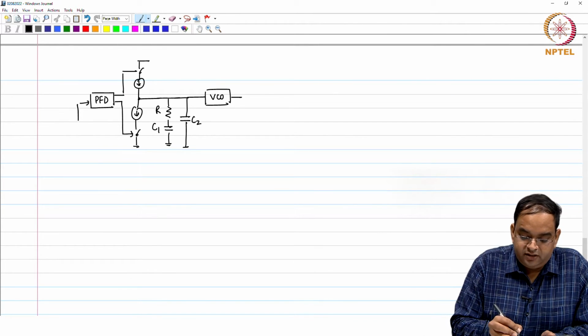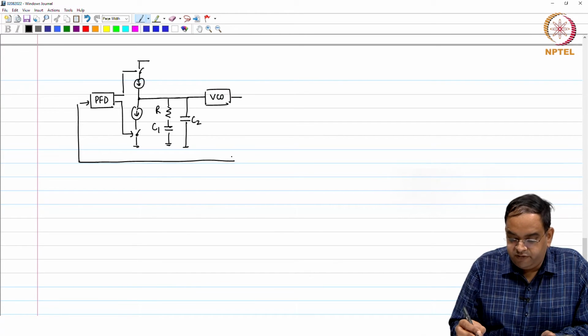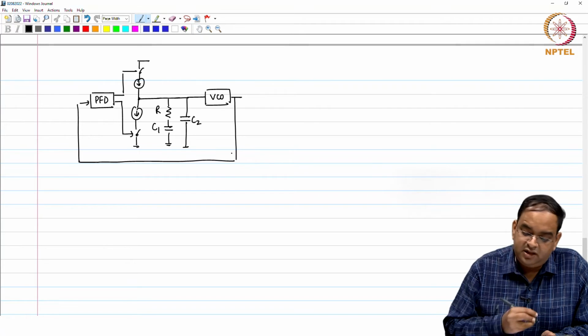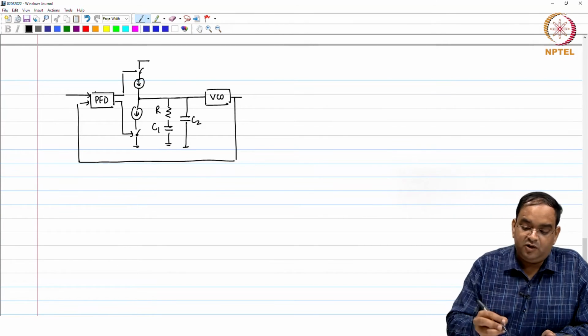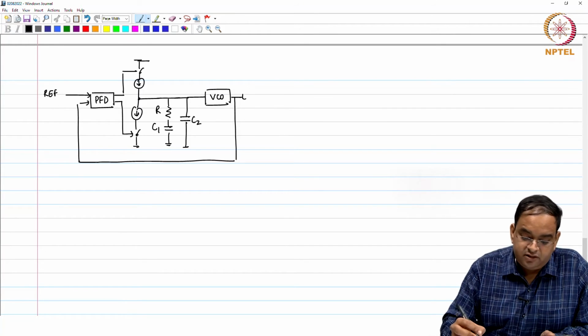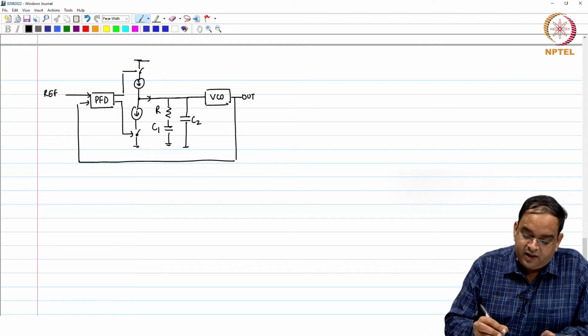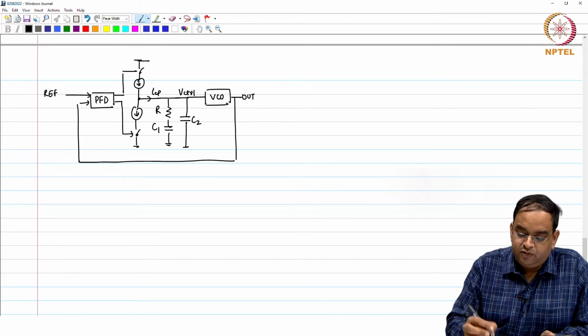So, what you see here is that when we try to solve the problem, if we create another problem, then we have to check how much of the problem we solved and how much we created. Here we have the reference, this is our output, this is ICP and this is the control voltage.